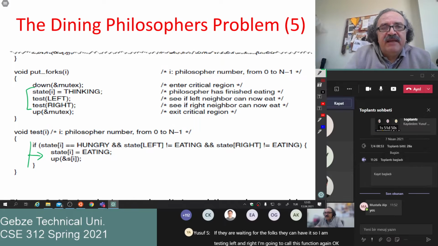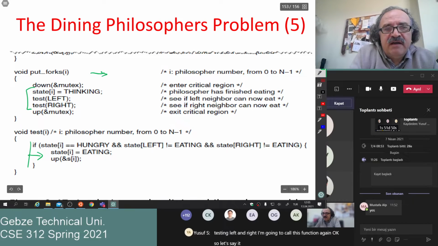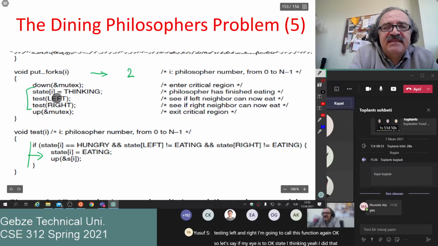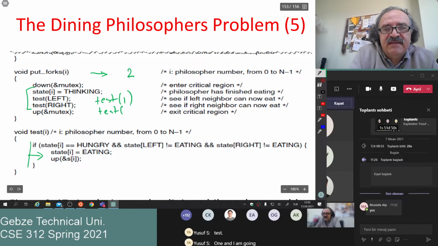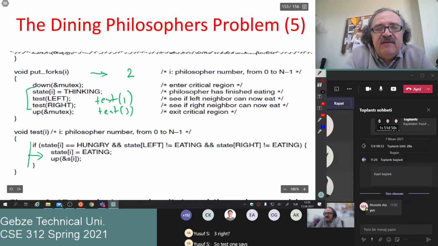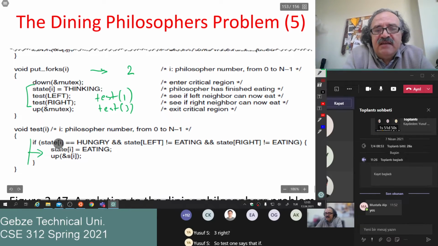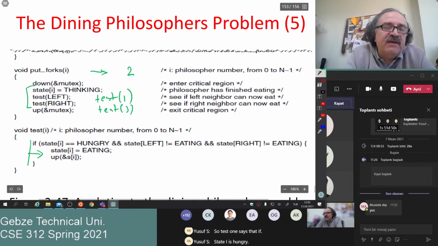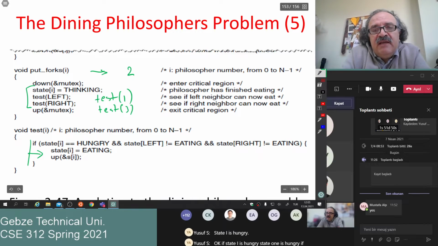Let's say my I is 2, state I is thinking, yeah, I did that. I am going to test left, so that means that I am calling test 1, and I am going to call test 3, right? So test 1 says that if state 1 is hungry, if my left, that is 1, is hungry, it may not be hungry.